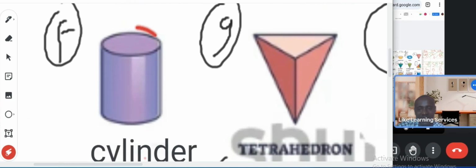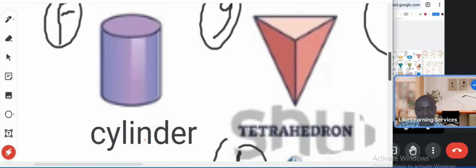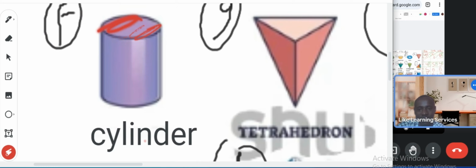Look at this. F. Can you see F? Yes. You see at the top, what's the name of the shape at the top for F? Tell me quickly.